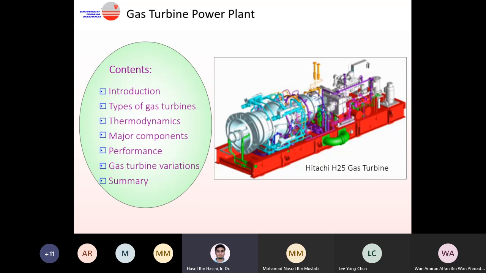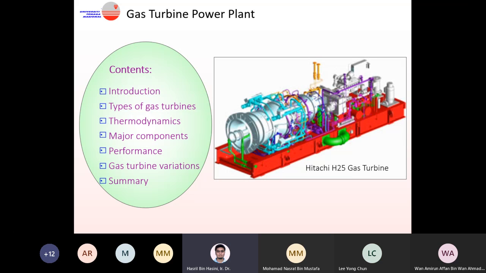When the ambient temperature is low, we know that the density is higher. High density means that you can put more air into our compressor. When more air comes into the compressor, of course you get higher efficiency, because you can have a higher compression ratio, pressure out from the compressor divided by pressure in.